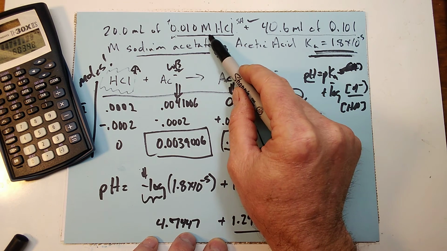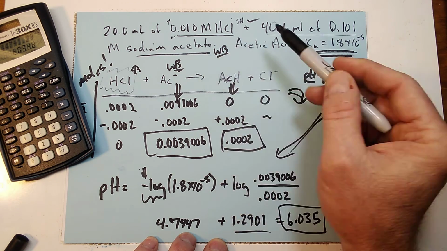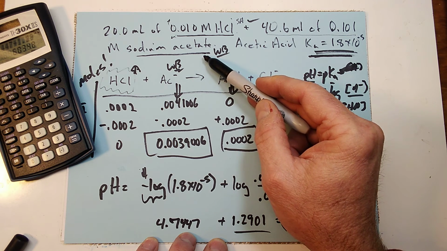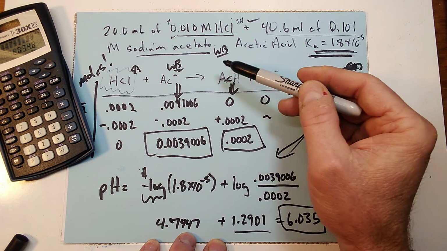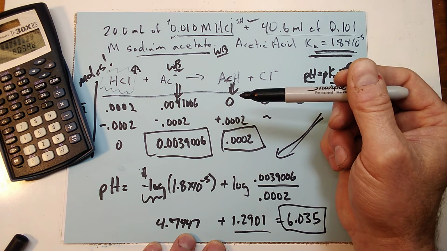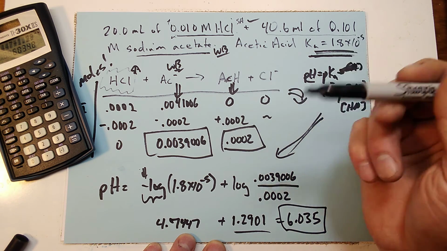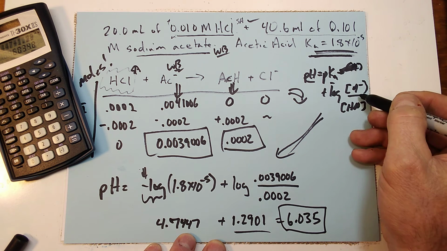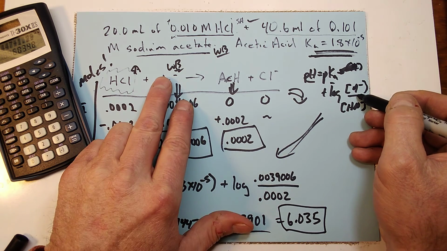Now, just to make sure this makes sense, we're taking the sodium acetate and using it to react with the HCl, and we're still going to have quite a bit of that sodium acetate left.